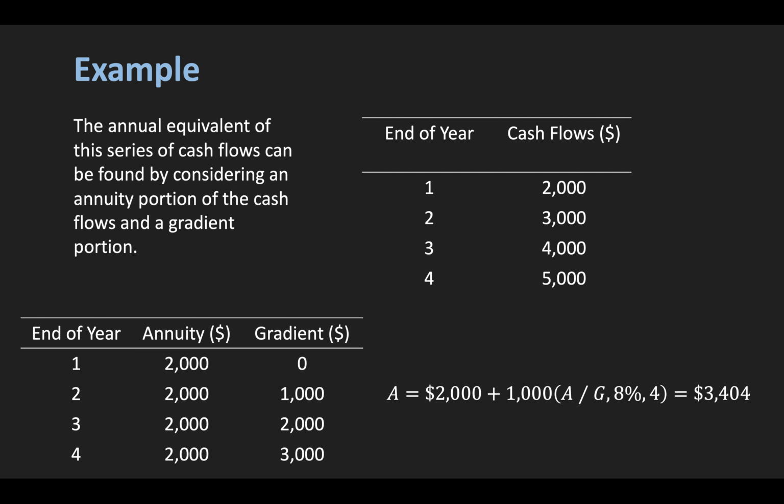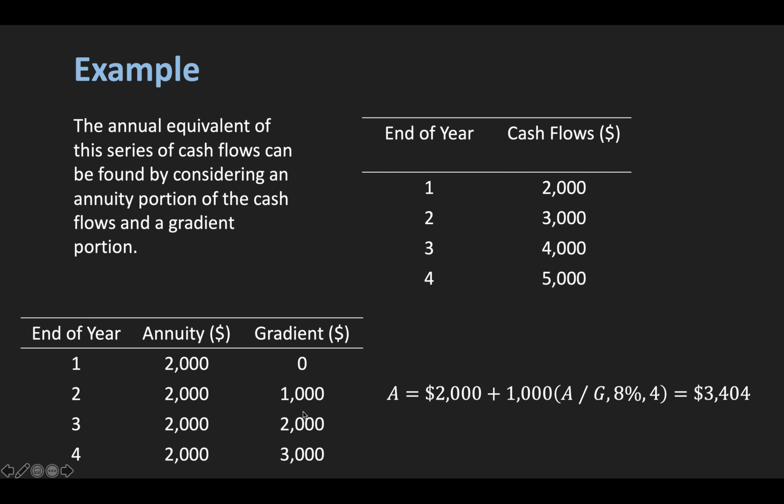What we want to do is break this into 2 parts. One part is an annuity, and it's always $2,000, so it becomes a constant or uniform cash flow, right? Then the other part is a gradient cash flow. At the end of year 1, it's 0. Year 2, it's 1,000, so increase by 1,000.